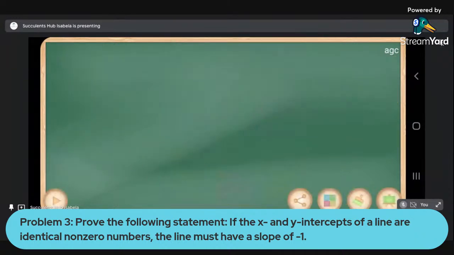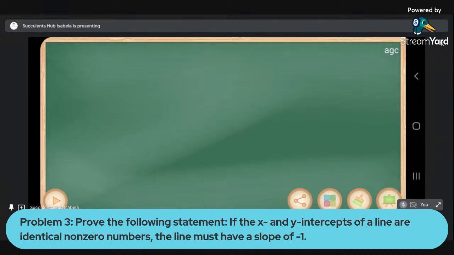So we are asked to prove that if the x and y intercepts of a line are identical non-zero numbers, the line must have a slope of negative 1. You must know what an x-intercept and a y-intercept are.